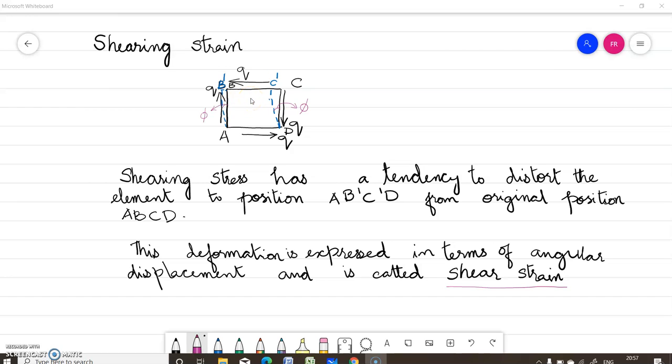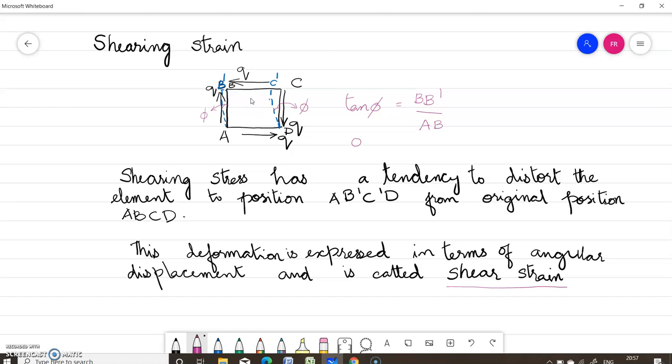So here we can write tan phi is equal to the opposite side BB dash divided by the adjacent side, that is AB.